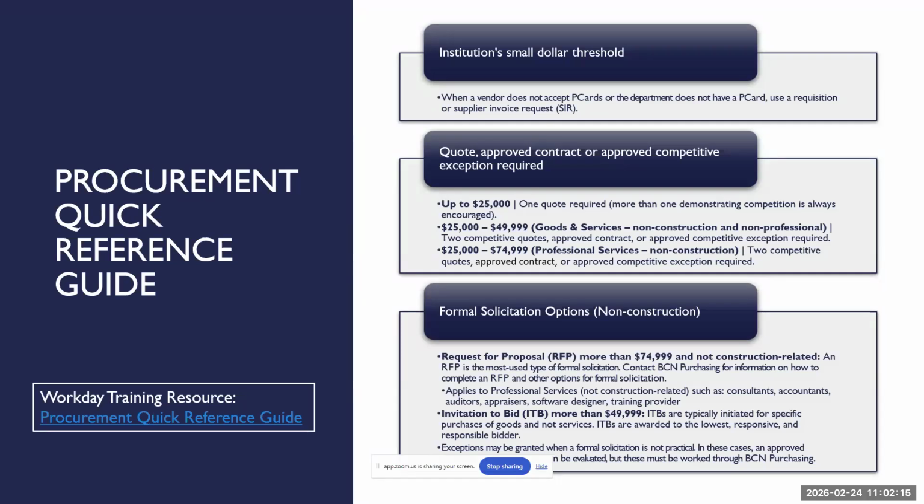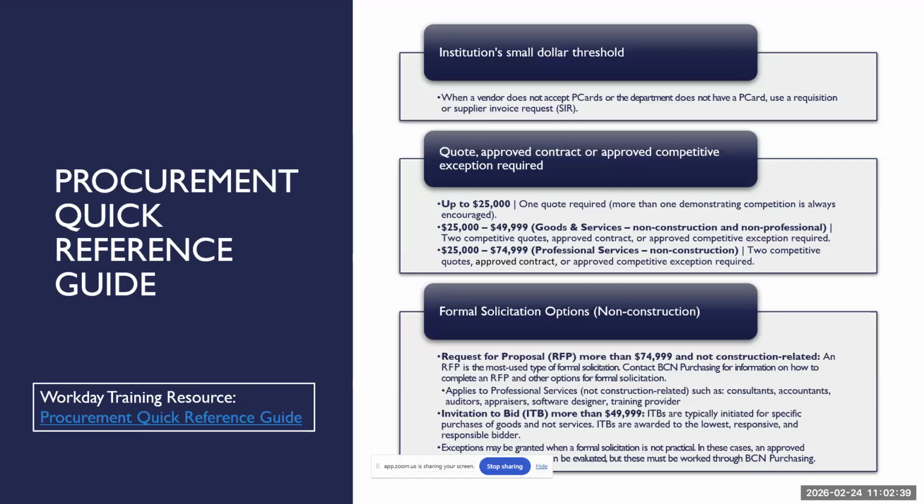That could be the result of a formal solicitation that our office has done or through one of the cooperative organizations that we work with. We always encourage multiple quotes so we get the best financial advantage, but only one quote is required for that threshold.